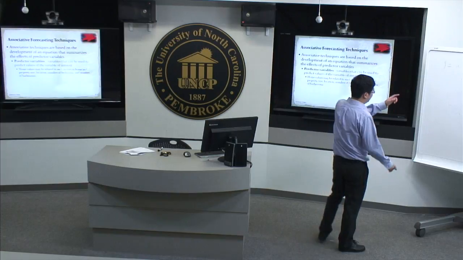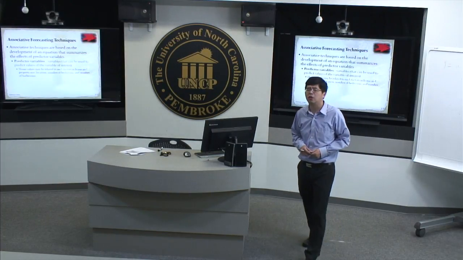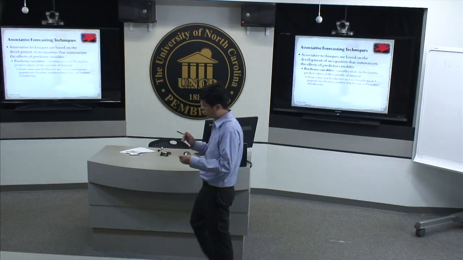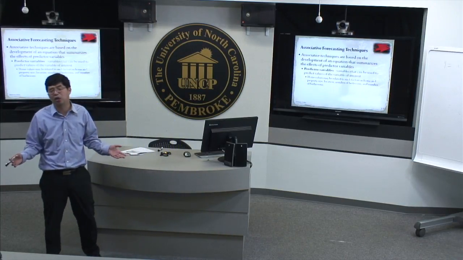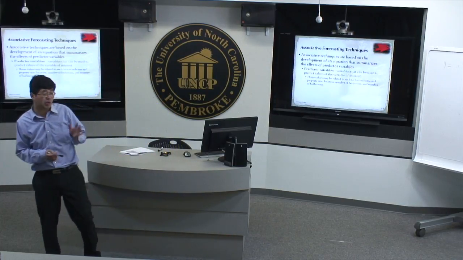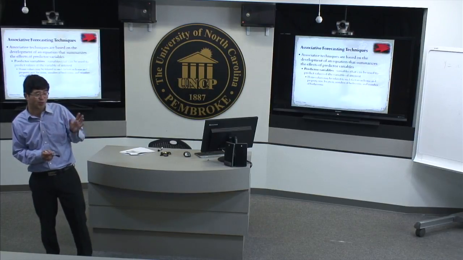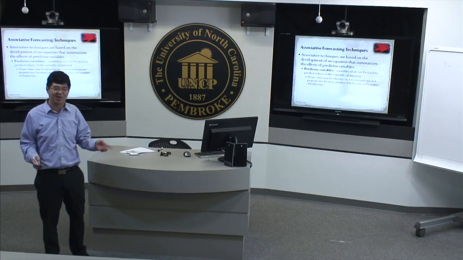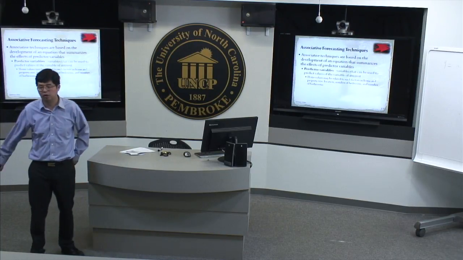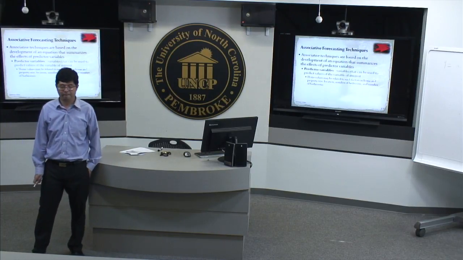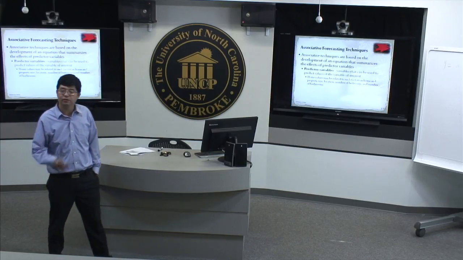So, talk about location. Well, it's really hard to quantify location, right? Do you have any idea if we want to put the location in this model? We know that without a number, how can we put it in the model? You can't say this location is in zip code 28372, right? This is not a number for the model. How can we quantify the location factor in our model? Any idea?